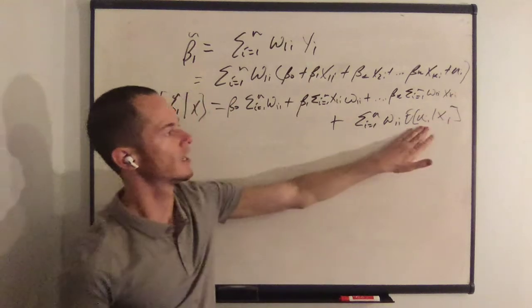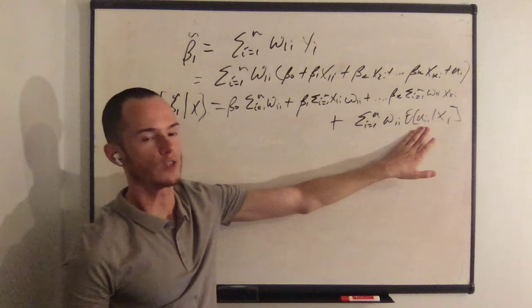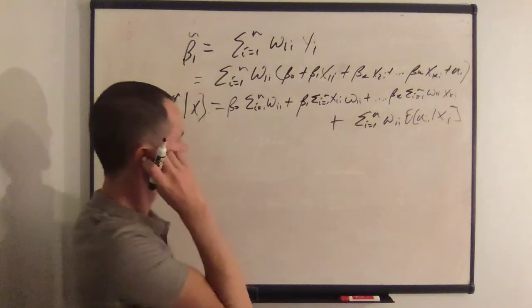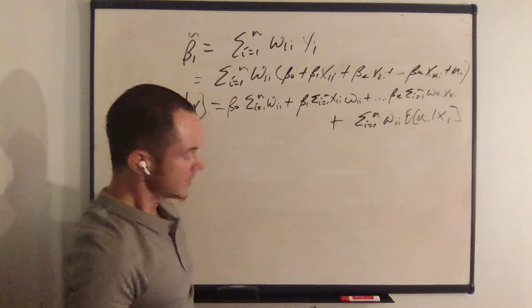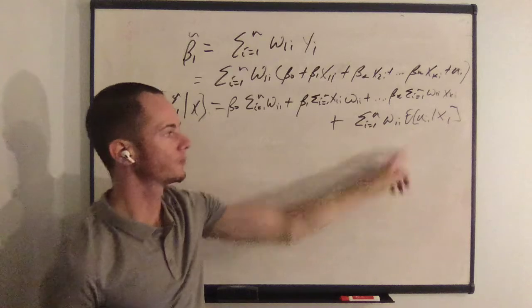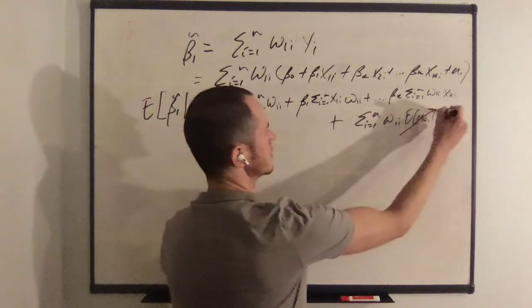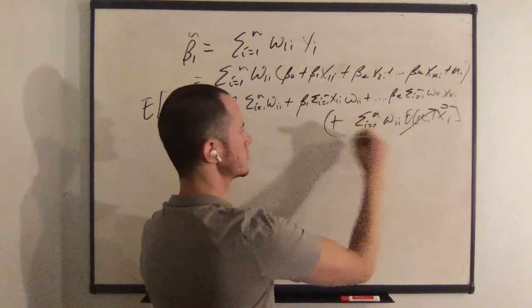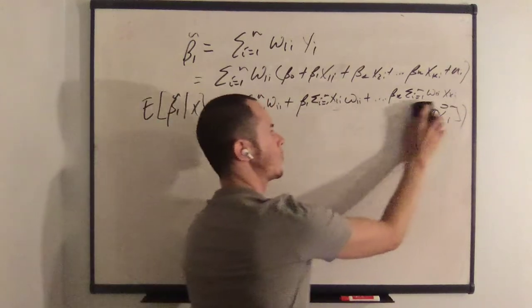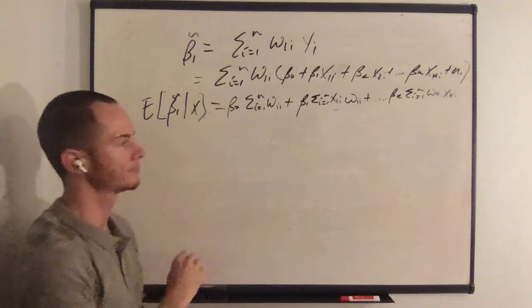The ui is the only random variable on the right-hand side. And the expected value of u given x is 0. So that whole term is going to disappear. Let's make our lives easy and just wipe that off the map. Great.